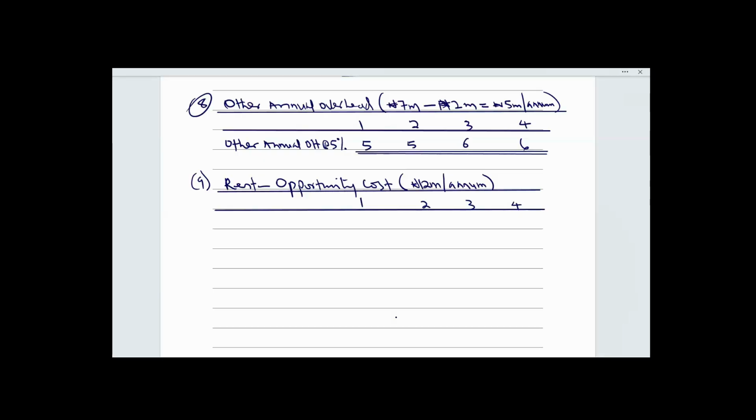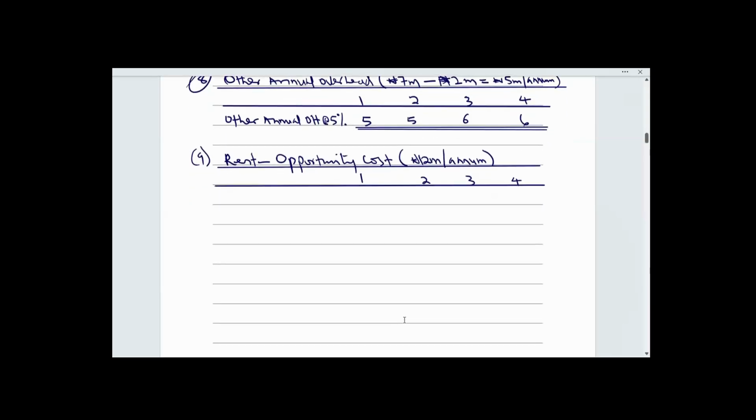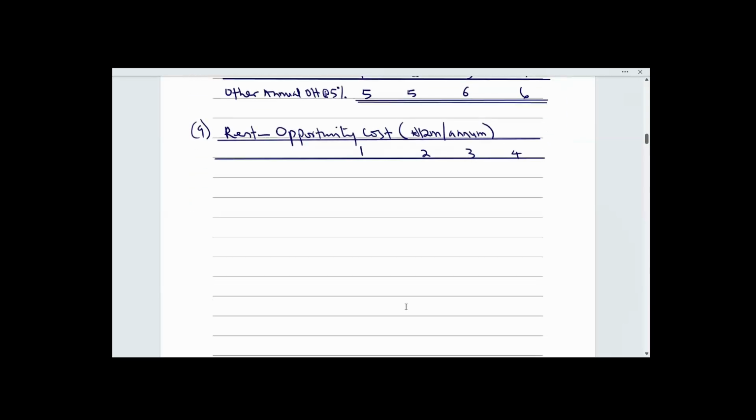So it's not compulsory that you have to do working for some of these things if you know what you are doing, but if you write it down, it will make it clearer, so that you don't miss any one of them.